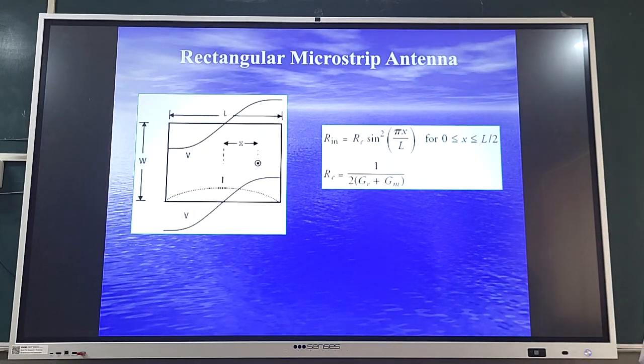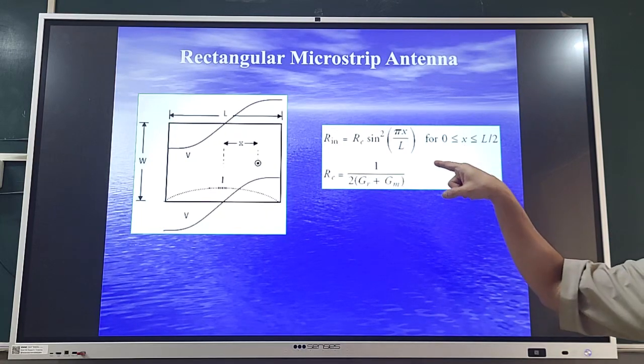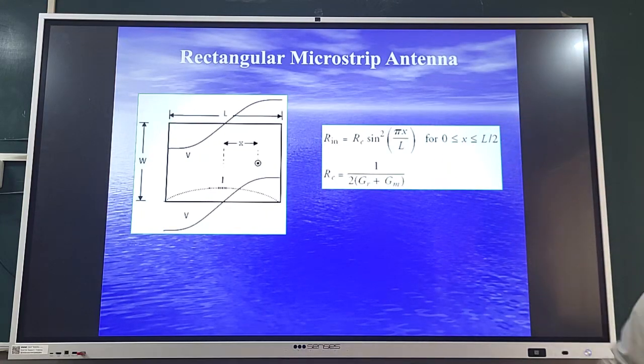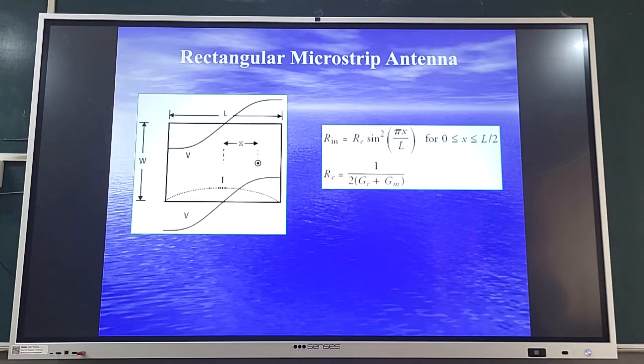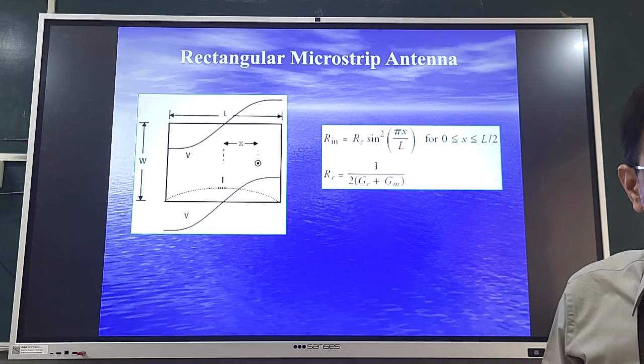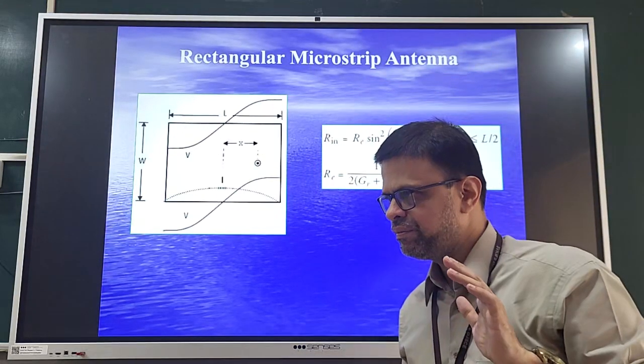Once the dimensions L and W are calculated, and the dielectric parameters are known, in terms of those parameters you have formulas to calculate GR or RR or Re basically, and then from that X can be calculated. Okay, so this is how you can calculate the feed point location X for say a 50 ohm point or a 60 ohm point.